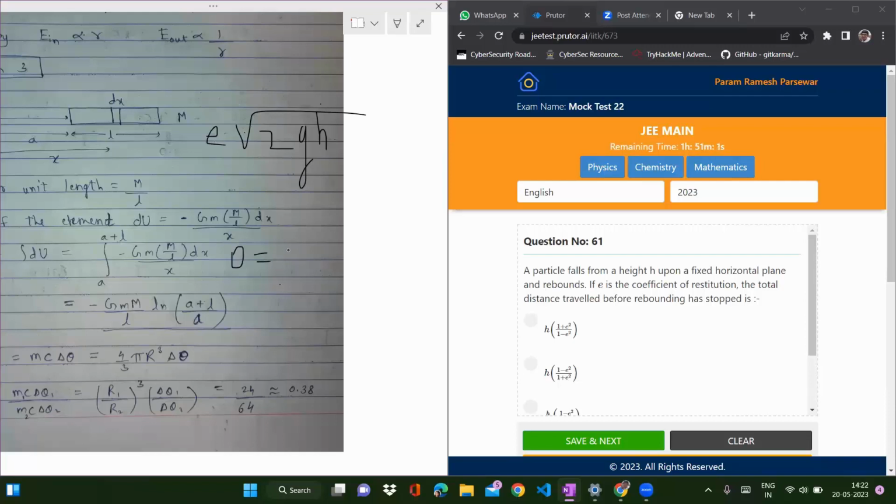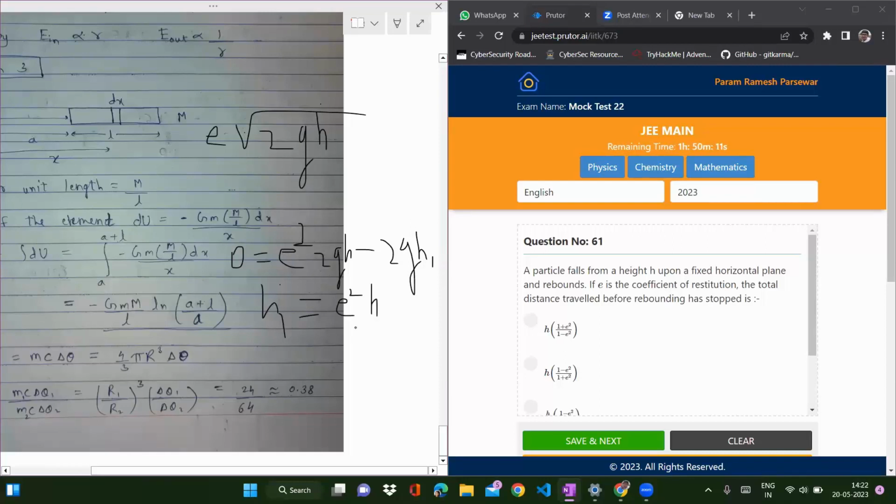So u square will be e square into 2gh, minus 2 into g into h1, as the distance traveled in this case will be h1 and the acceleration due to gravity is g, but with a minus sign, because it will be decelerating when it goes up. By solving this, we will get h1 equals e square h.